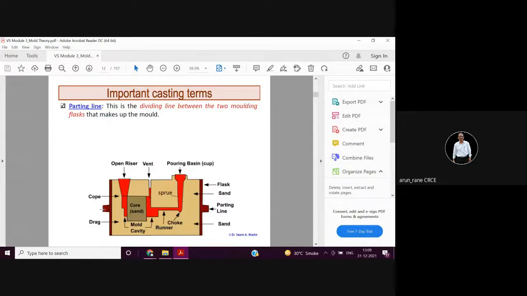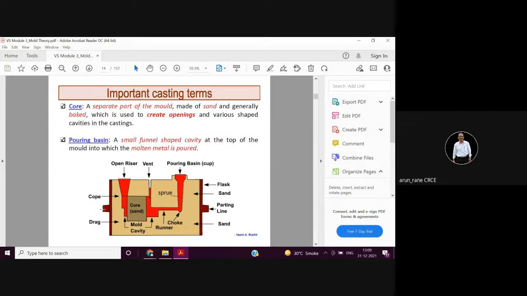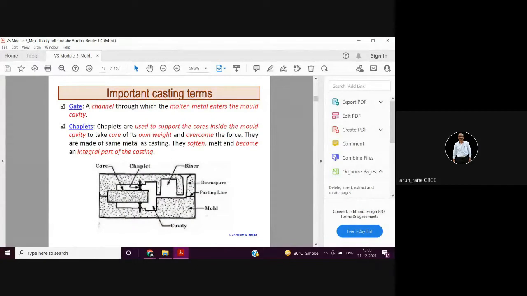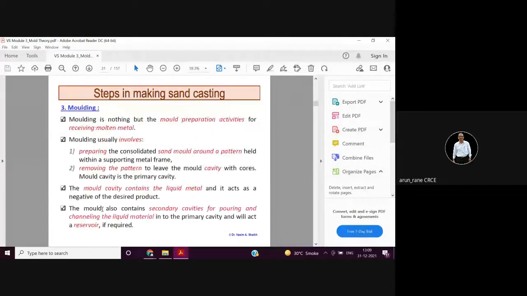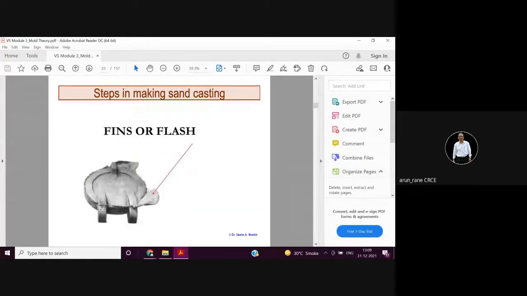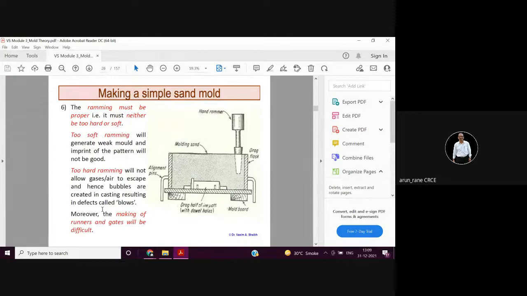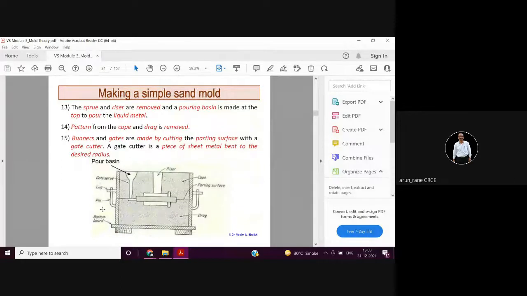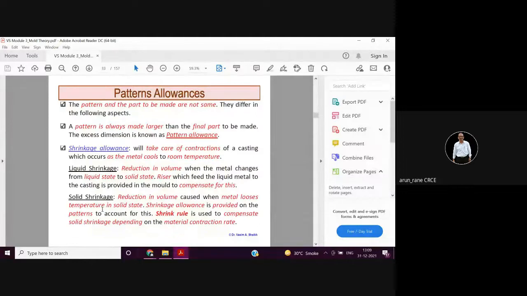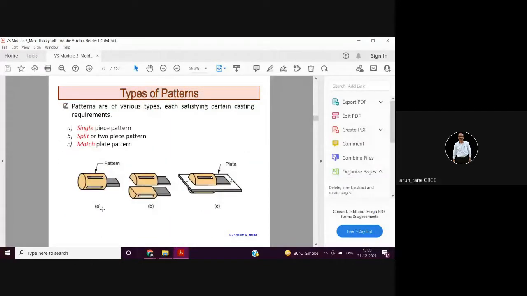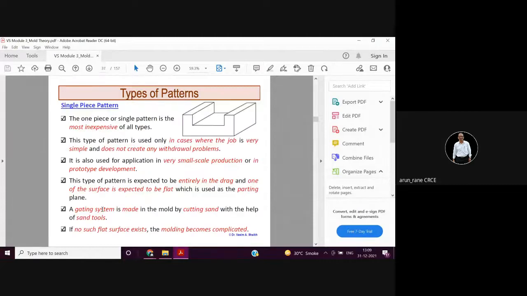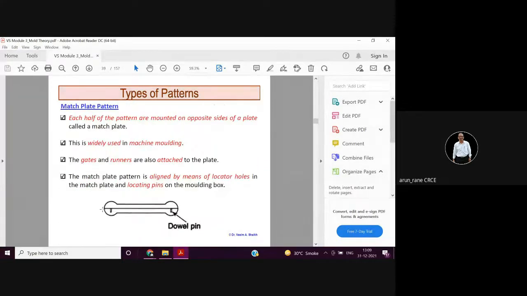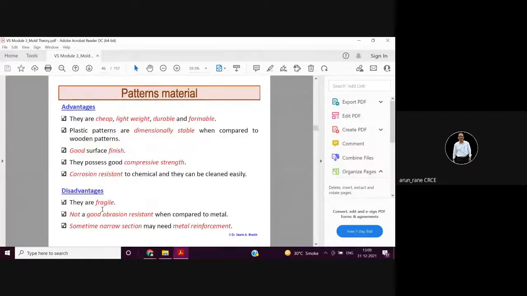This is a pattern. There are some definitions given here. Most of the terms I have explained. This is a flash. This is just a simple mold. So nothing much in this PPT to be discussed. Most of the things have been discussed. So I'll close this.